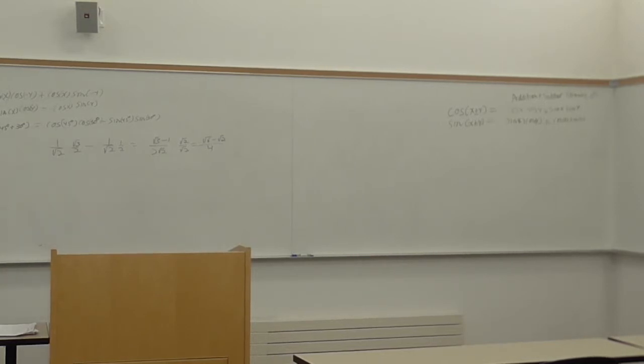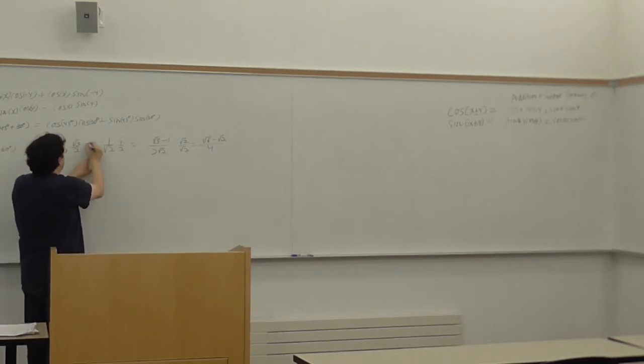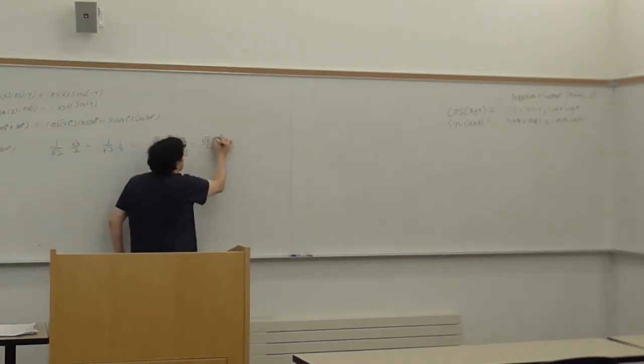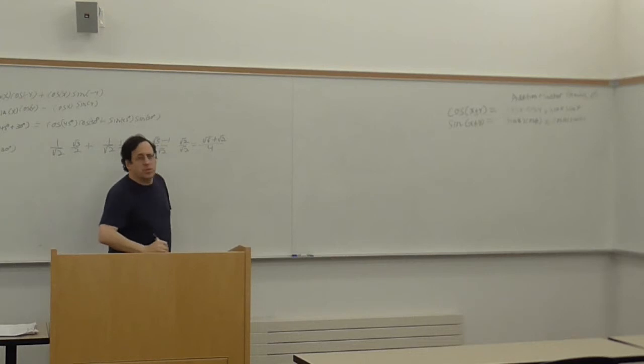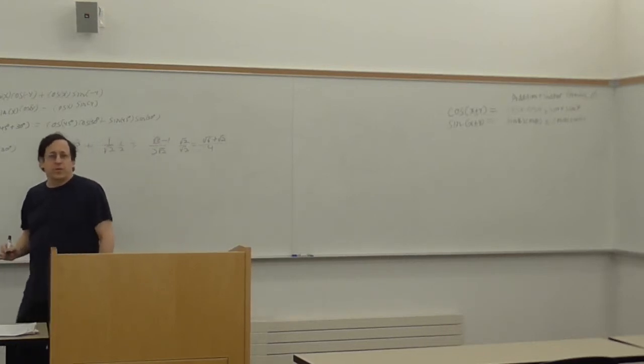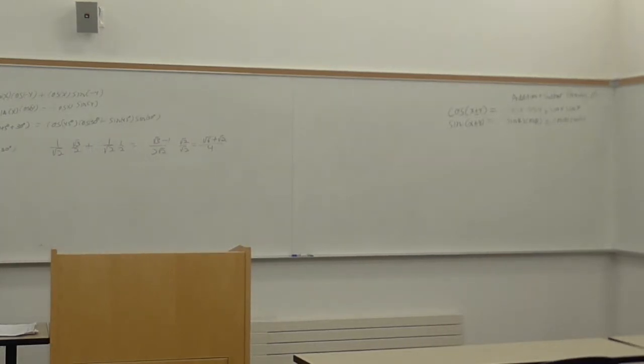If you think about it, I could just as well have subtracted these, right? And I'd have the cosine of 15 degrees, right? Cosine of 45 minus 30. That would be a plus. So now I know the cosine of 15 degrees exactly, and any combination I can come up with.